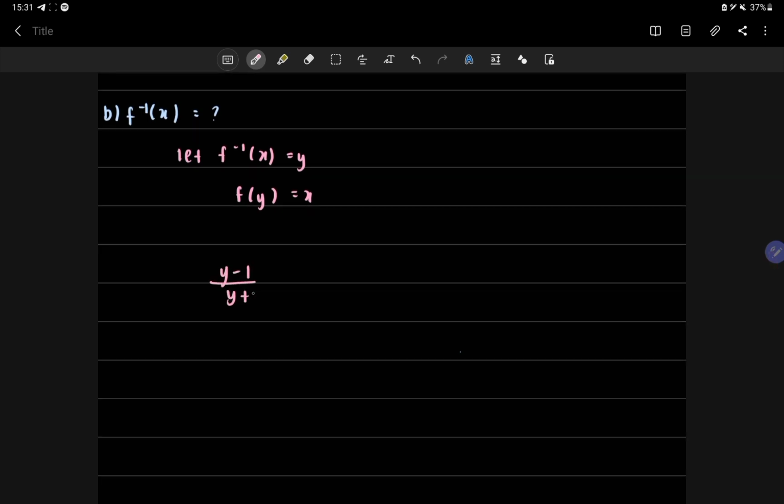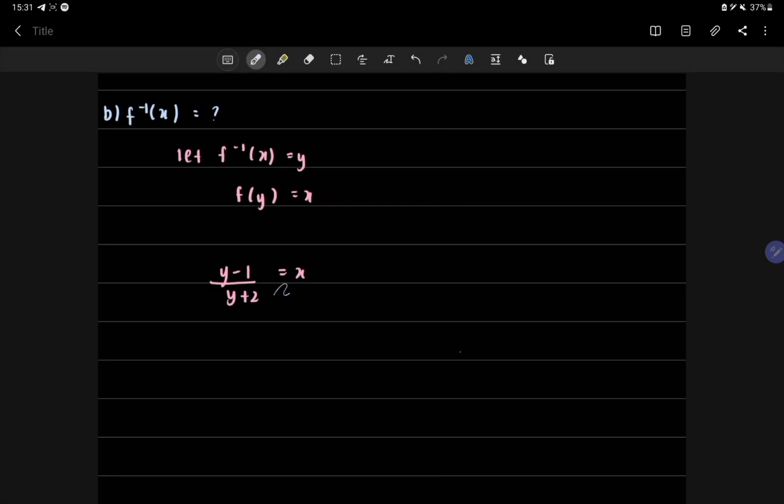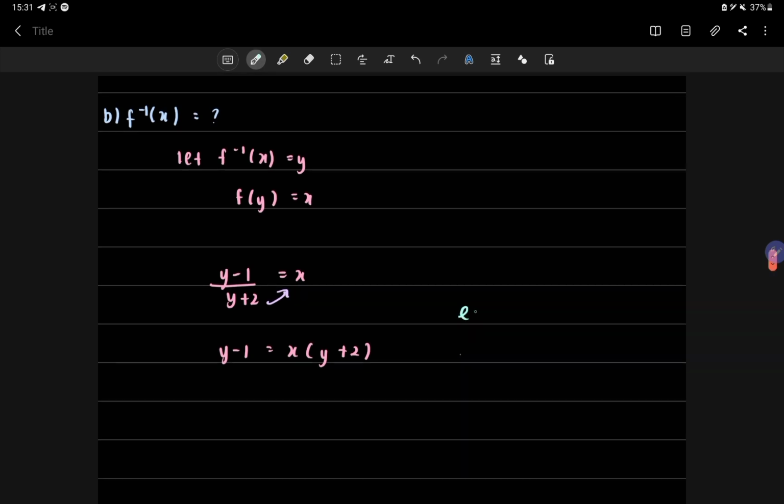So it becomes (y minus 1) over (y plus 2) equals x. Now let us move y plus 2 to the top. So it becomes y minus 1 equals x times (y plus 2). So we should expand and simplify the equation.